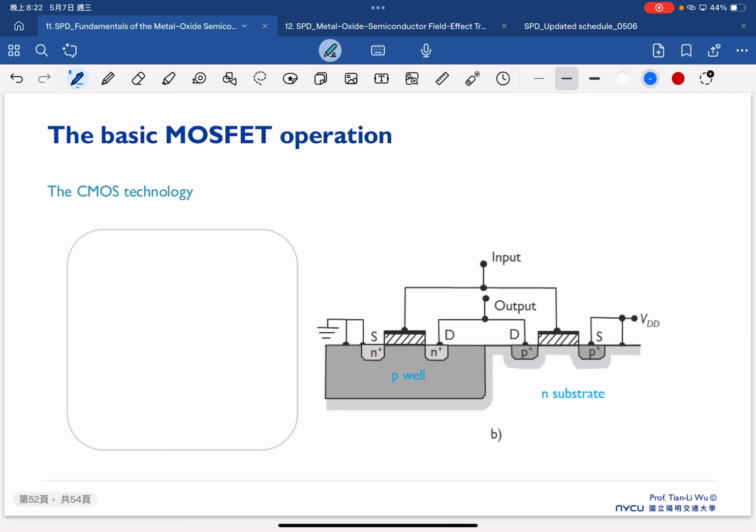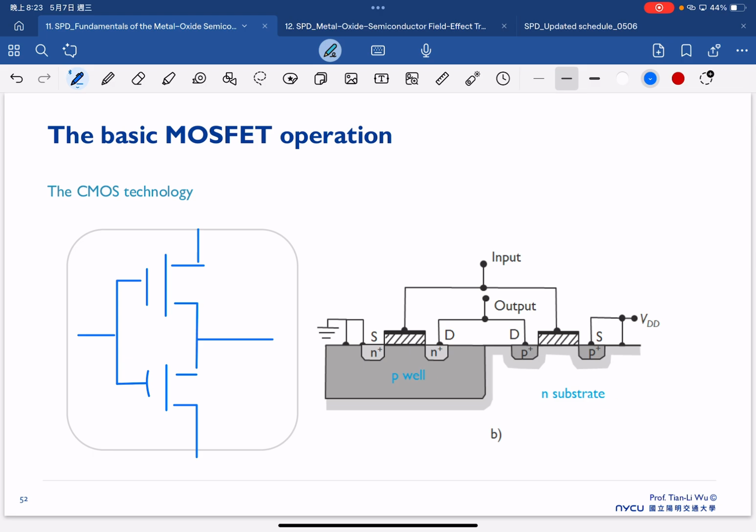And here is some more detail on CMOS technology. If we consider this one where we have a PMOS and NMOS, we can make a circuit symbol as shown here. As I said, we will connect these together as a single input and single output.